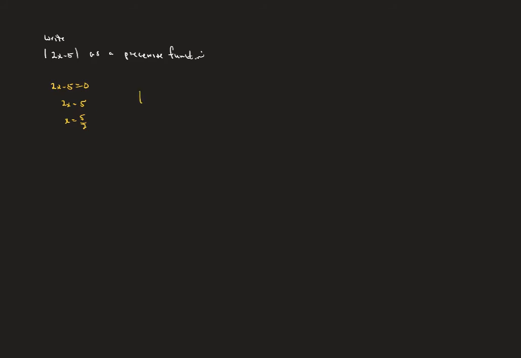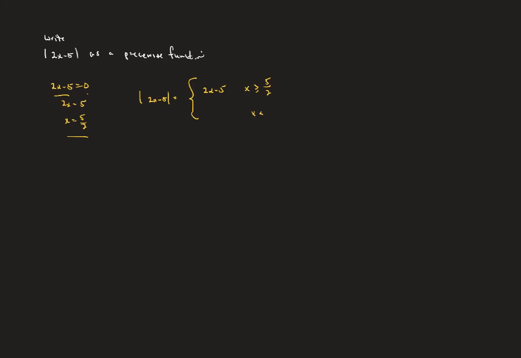So our absolute value of 2x minus 5 is going to be, as long as x is greater than 5/2, 2x minus 5 will be bigger than 0, and so the absolute value will be just the face value. That is, it's going to be just whatever 2x minus 5 is.